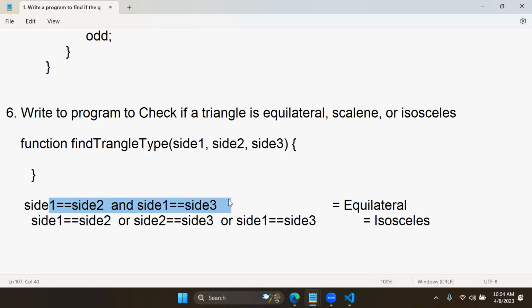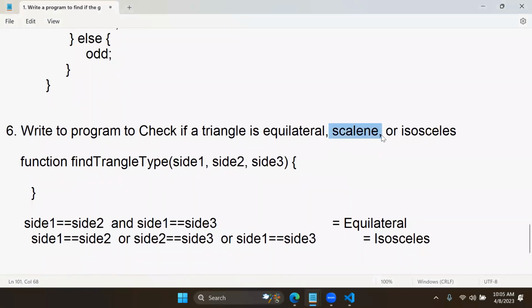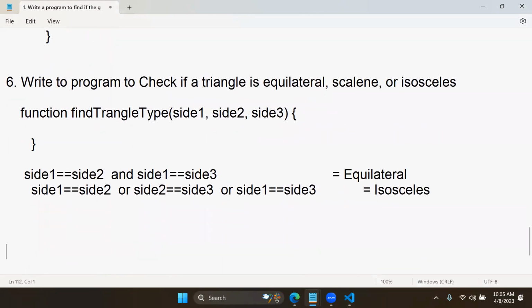If side 1 is equal to side 2 or side 2 is equal to side 3 or side 1 is equal to side 3, any two sides are equal, then it is isosceles. Otherwise it is scalene. Understood? Write the logic for this. That is the condition actually.